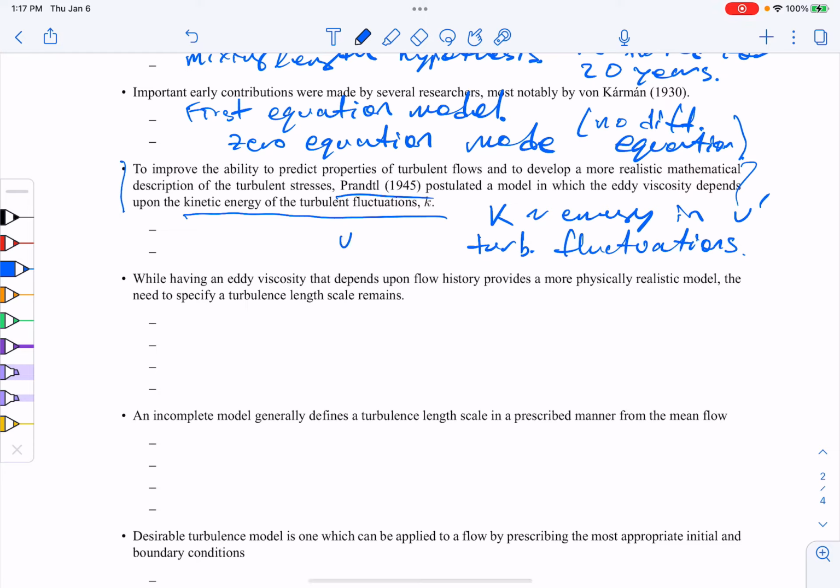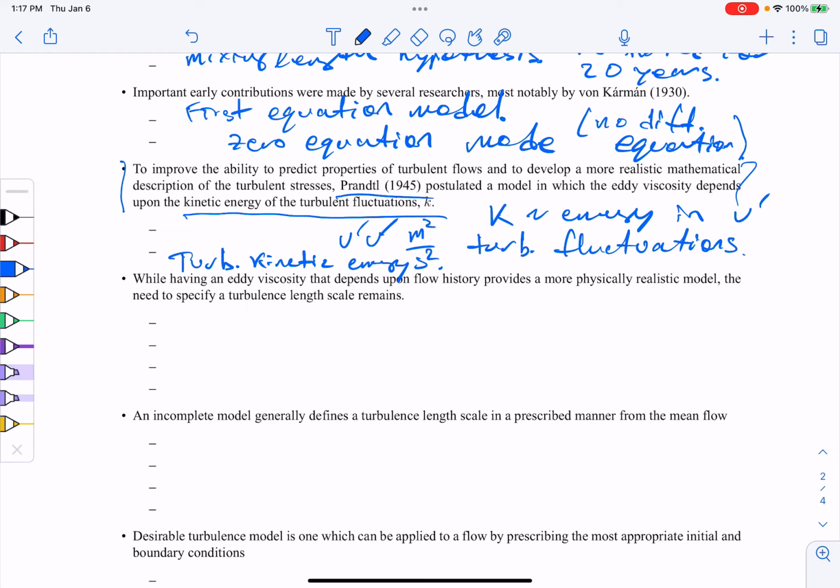It'll probably involve something like u prime squared, because that has units of meters squared per second squared, I believe, which is like a value of energy. So this model, proposed by Prandtl, was the first partial differential equation model which approximated turbulent kinetic energy. People have evaluated this model today. It's not perfect, but he's definitely credited with deriving this equation. And we'll show that equation in this class too.